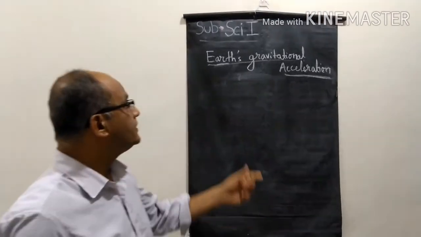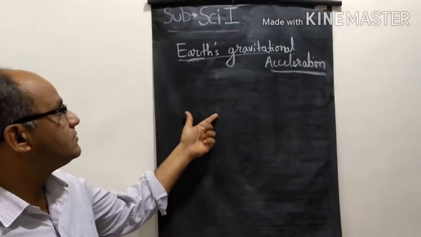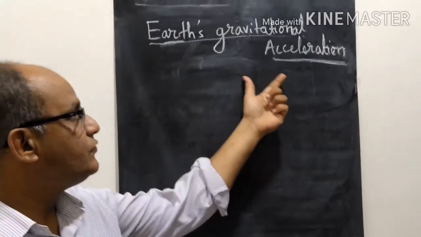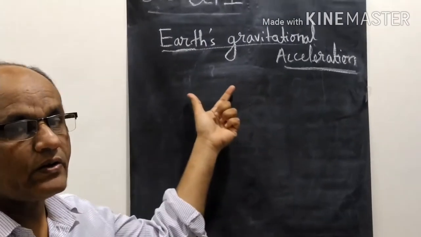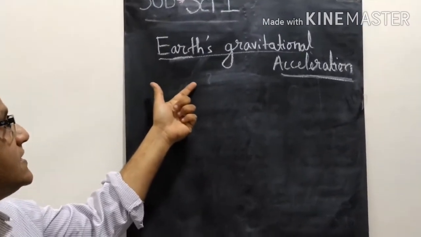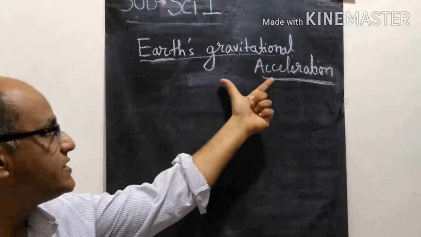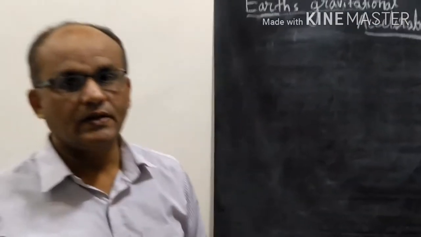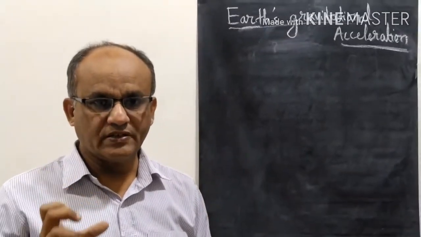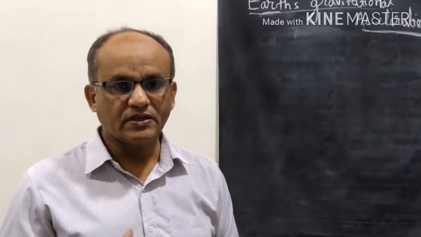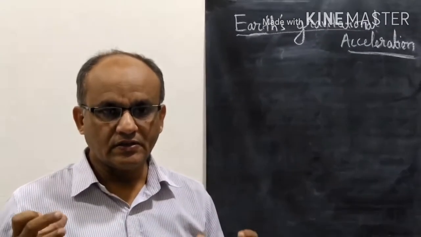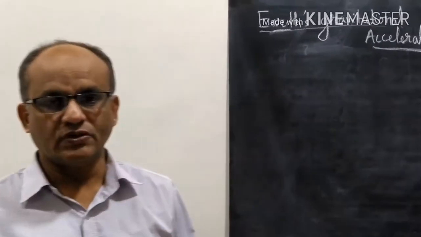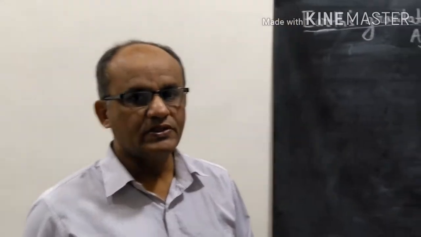In the previous period, we discussed the Earth's gravitational force. Today we are going to discuss the Earth's gravitational acceleration. As we know, the Earth exerts a gravitational force on objects near it.